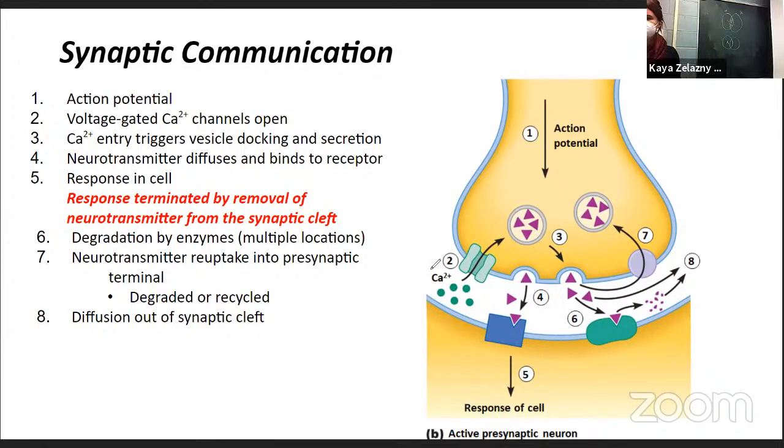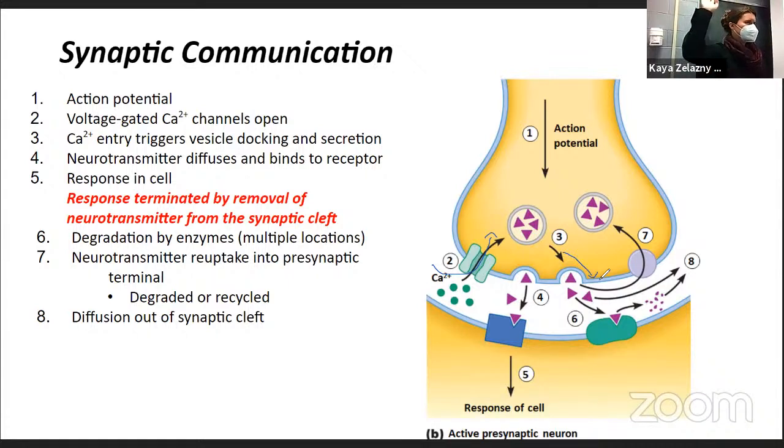So our calcium is coming into the cell, and this triggers the vesicle to dock onto the membrane and release its neurotransmitters. I forget if we talked about it in this class, but this is happening through the process of exocytosis.